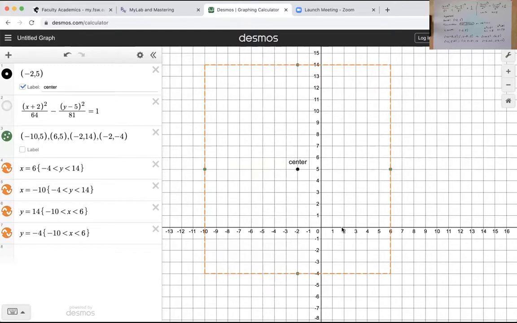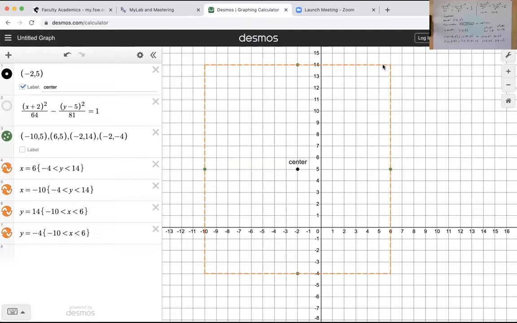So the next question I want to ask you is, what are the slopes of the 2 asymptotes? So identify the slopes of the 2 asymptotes. So what will they be? This one, rise 1, 2, 3, 4, 5, 6, 7, 8, 9. Rise 9 over 1, 2, 3, 4, 5, 6, 7, 8. So rise 9, run 8.